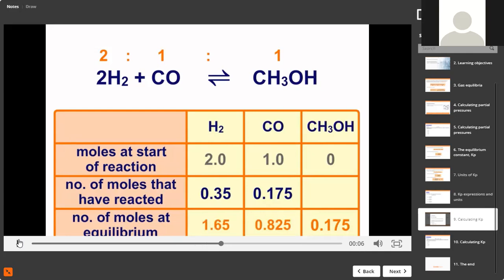Do exactly the same thing for CO. We had 1 mole, we take away 0.175 moles, which leaves us with 0.825 moles at equilibrium. So at equilibrium, we've got 1.65 moles of H2, 0.825 moles of CO, and 0.175 moles of CH3OH. That's the first part.